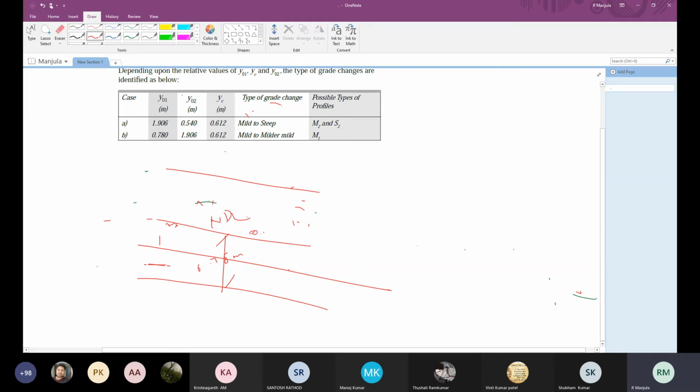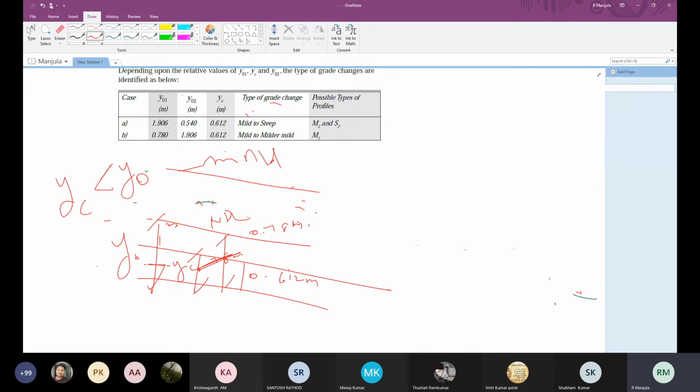NDL is 0.78 meter and CDL is 0.612 meter. So this is YC, this is Y0 for the second case. Again, YC is lesser than Y0, hence it is a mild slope. Slope is going to be mild slope.